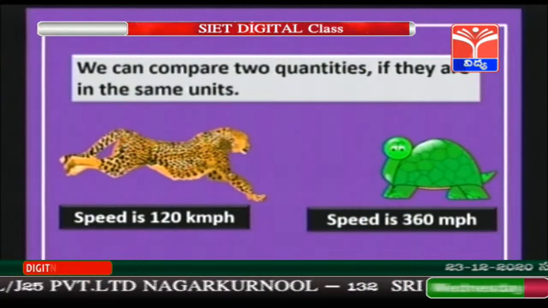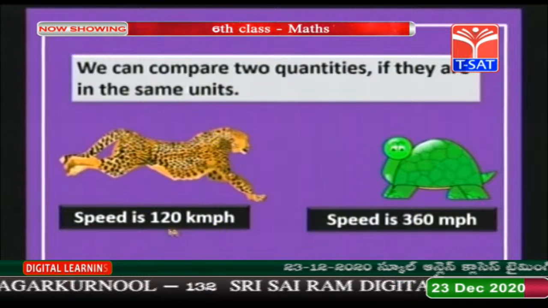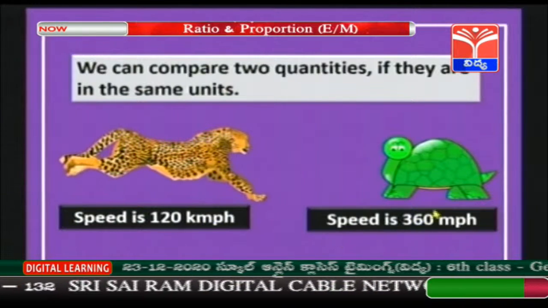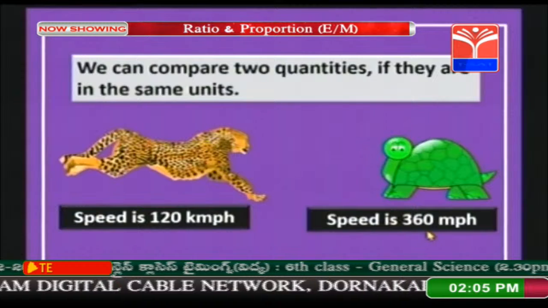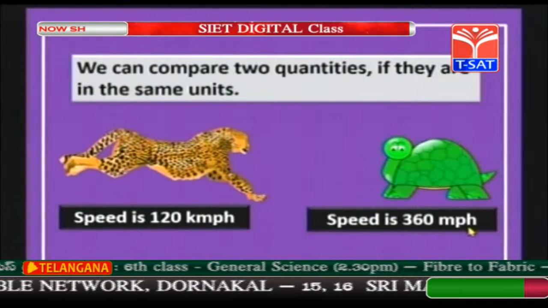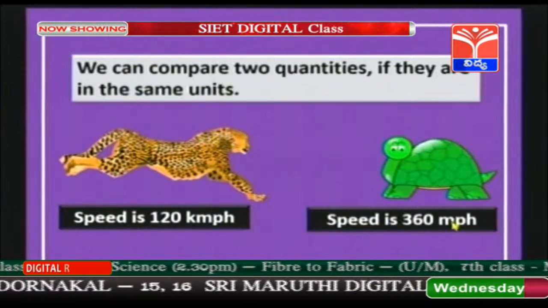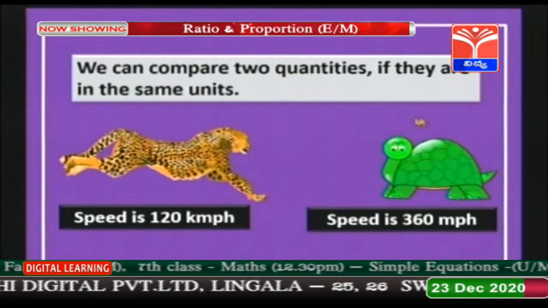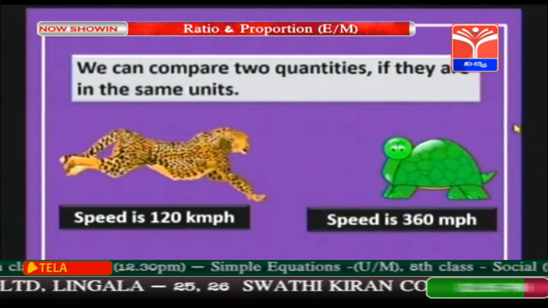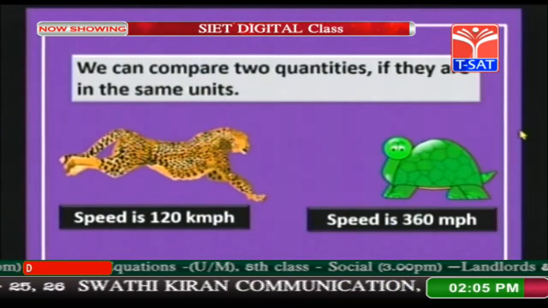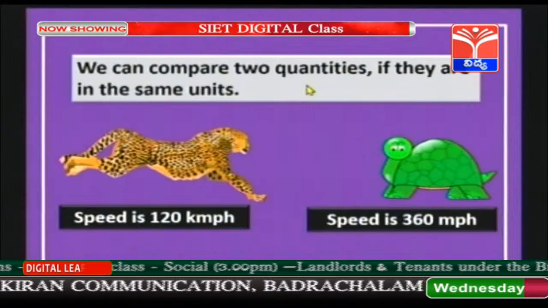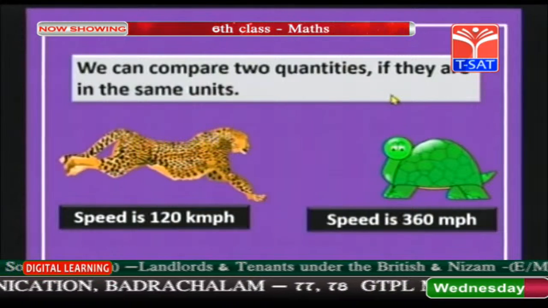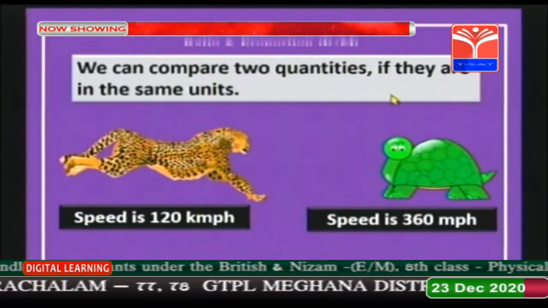If you notice here, the speed of the cheetah is in kilometers per hour, whereas the tortoise is in meters per hour. Since the units are different, we cannot compare. This is a very important thing you need to note down, children: we can compare two quantities only when they have the same units, otherwise we cannot compare them.